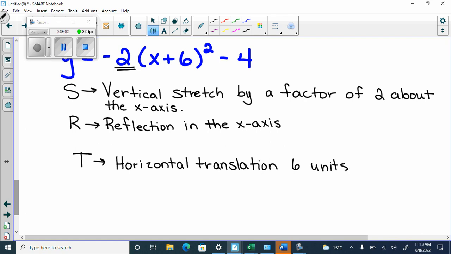Left, yeah. It's always opposite, right? Because we have that minus and minus sign in there. So it's always opposite. And then we have a vertical translation. Four units what? Down.